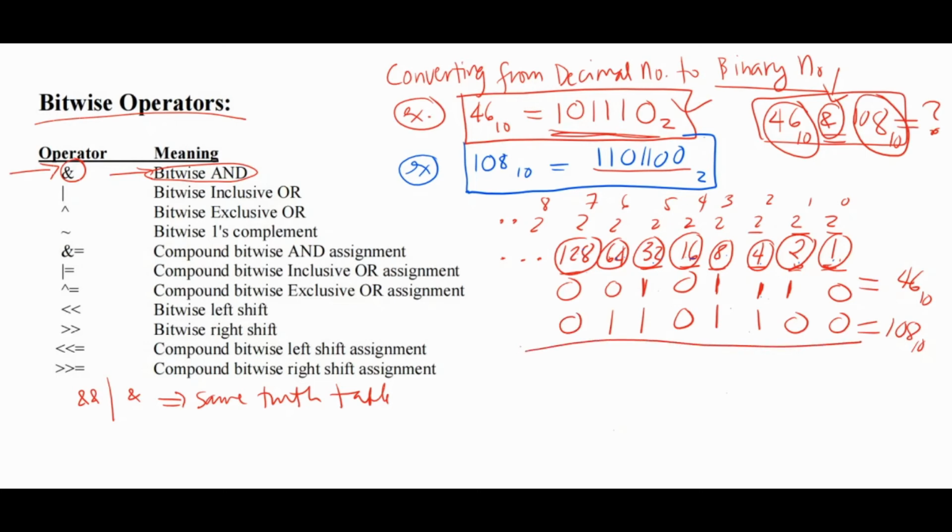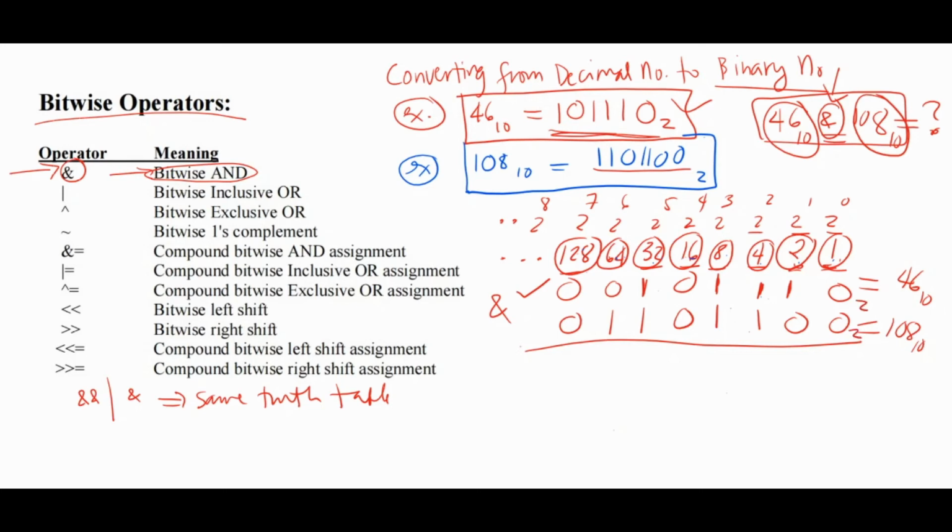So decimal number 46, which is equivalent to this binary, and then you perform the bitwise AND operator. The second operand is decimal number 108, which is equivalent to this binary number.